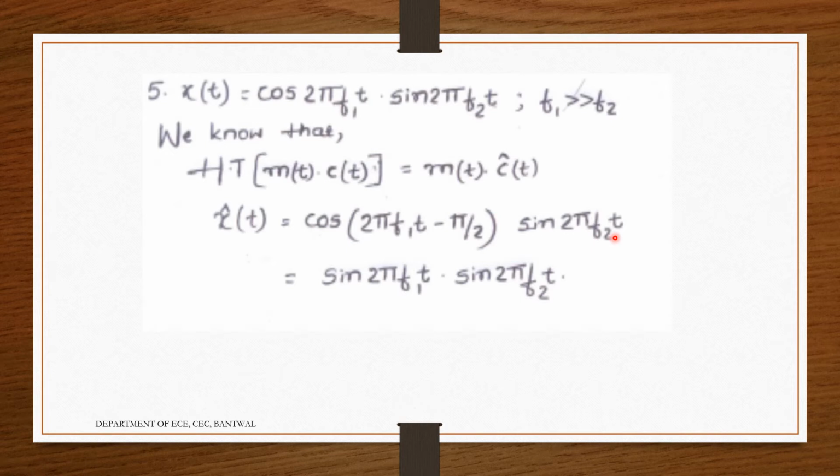So just implementing it, sin 2 pi f1 of t, because it will become differentiated by pi by 2, sin 2 pi f1 of t into sin 2 pi f2 of t. This is a simple form. These were some problems related to the Hilbert transforms.